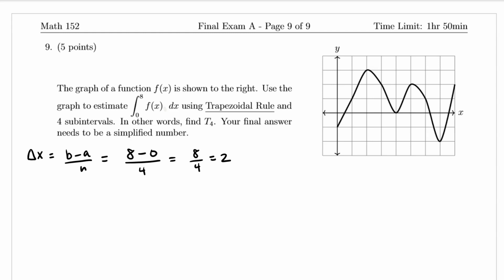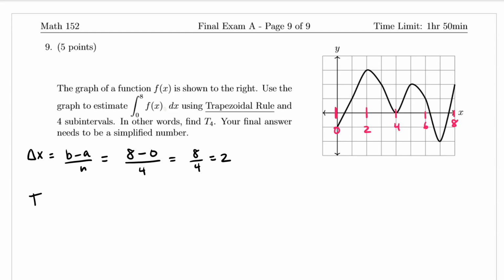So the width of each of our subintervals is 2, and since we're dealing with integers mostly, this shouldn't be too bad. We're starting at 0, then our next subinterval will start at 2, the next at 4, the next at 6, and the last at 8.